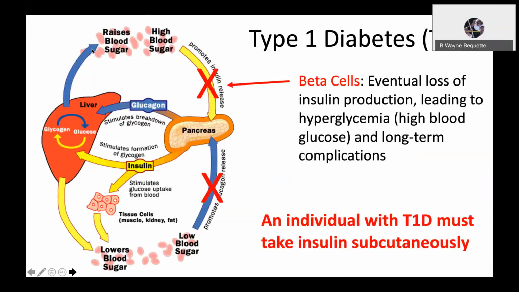It's a long-term effect, because when you lose insulin production, it leads to hyperglycemia, high blood glucose, long-term complications such as retina diseases, and eventually leads to death if one does not take insulin. So an individual with type 1 diabetes must take insulin subcutaneously.